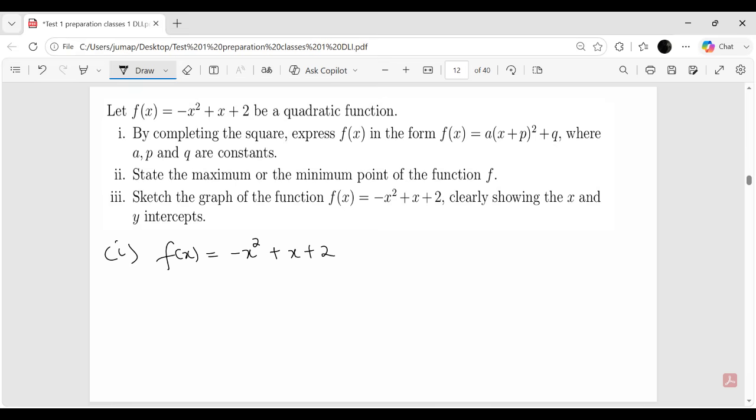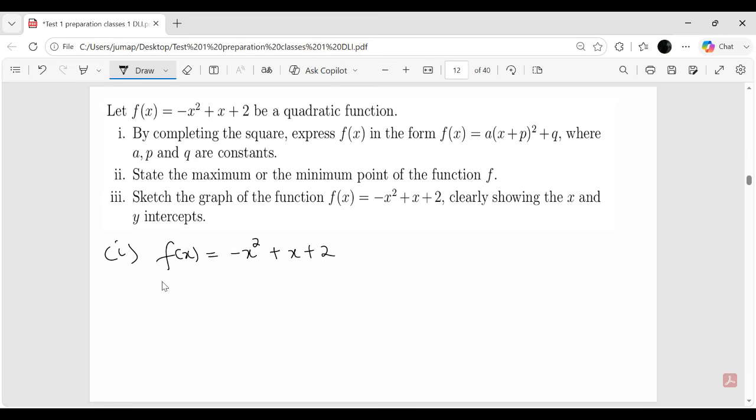Okay, so in this case, our goal is to remain without an a. The a value, we must factor it out, and in this case it is negative 1.